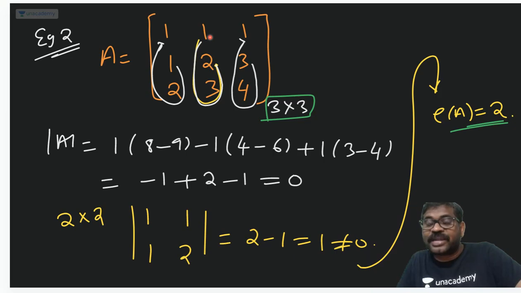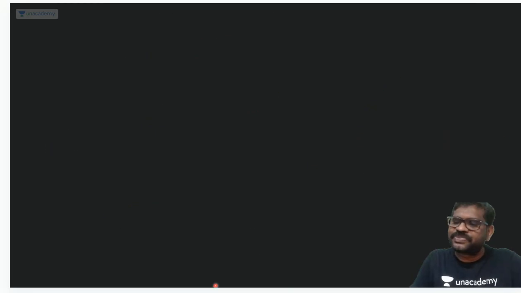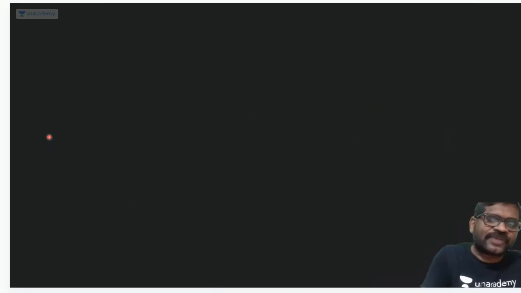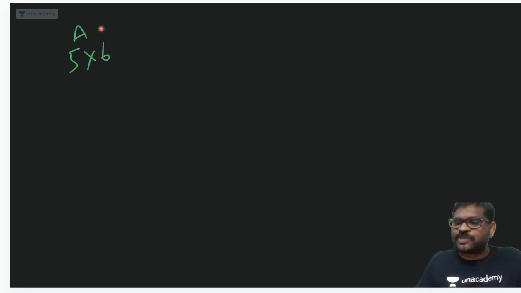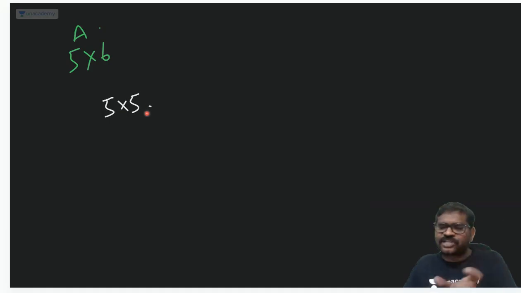Suppose your matrix is 5 cross 6. What is the highest possible minor? 5 cross 5. Actually, there are 6 minors of 5 cross 5. You have taken one 5 cross 5 and expanded it.